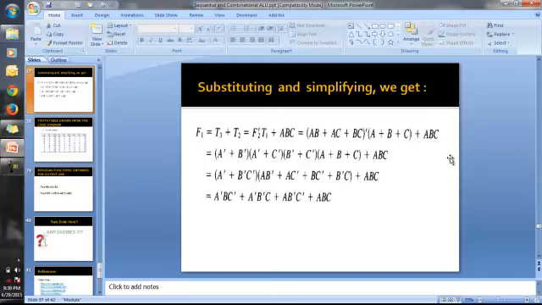By using theorems as well as simplifying methods, we can simplify it and finally we get the output as A dash B C dash plus A dash B dash C plus A B dash C dash plus ABC.